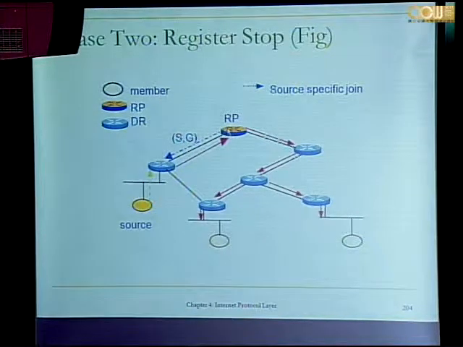So it would send the source-specific join message downward. Then if you have further packets, you don't need to tunnel, because all the routers know the join state, and they will know how to forward the packet. So in phase 2, you remove the tunnel, no encapsulation, because the routers in between know the join state.